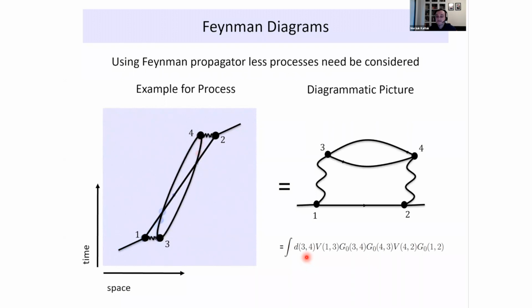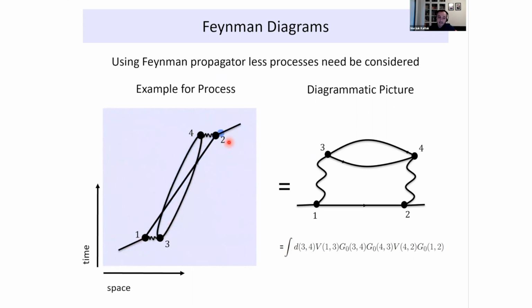In quantum field theory, it actually also doesn't matter at which points the virtual particles are created, but it only is important how the interaction process looks like. These processes are usually visualized with Feynman diagrams. On the left-hand side, you see an example for such a process that can happen between, for instance, point 1 and 2.